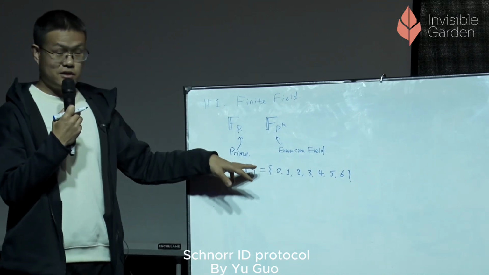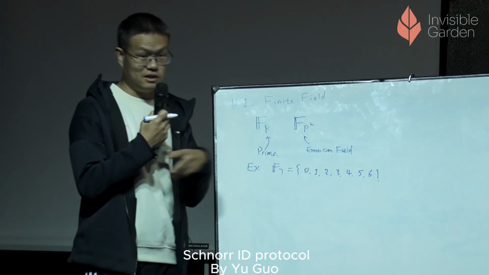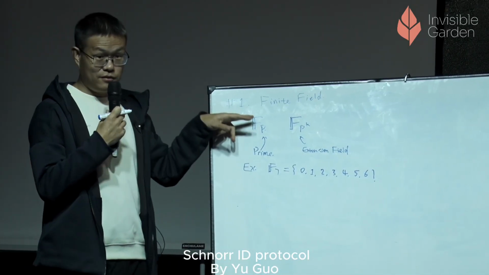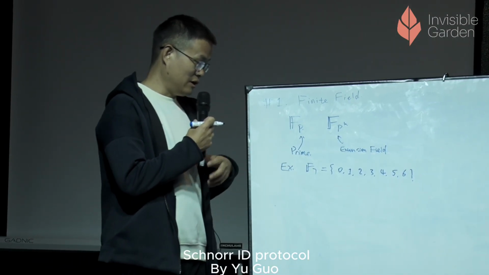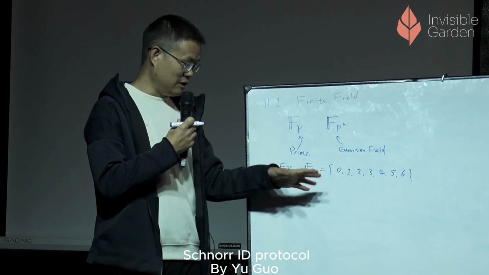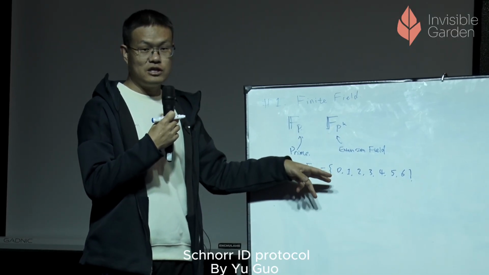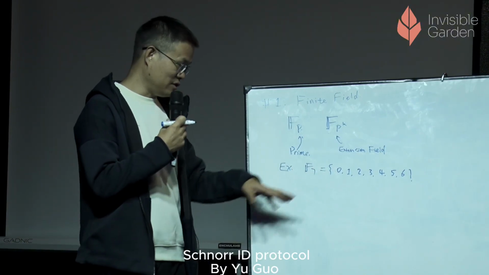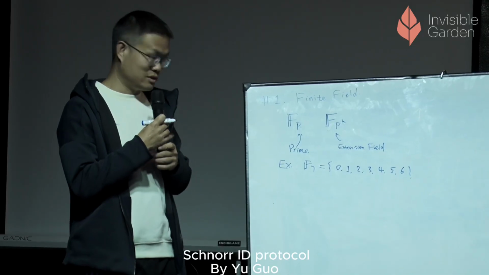Why a finite field? Because we want a set of numbers where the operations of addition, multiplication, division, and subtraction on any two elements from this field are closed.